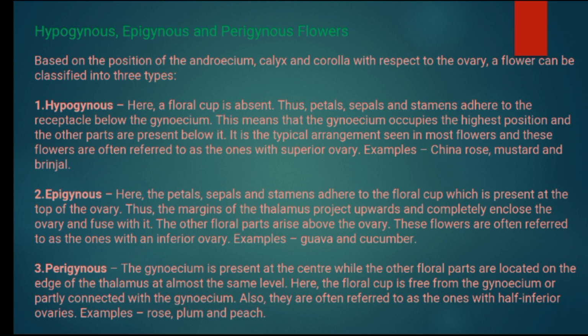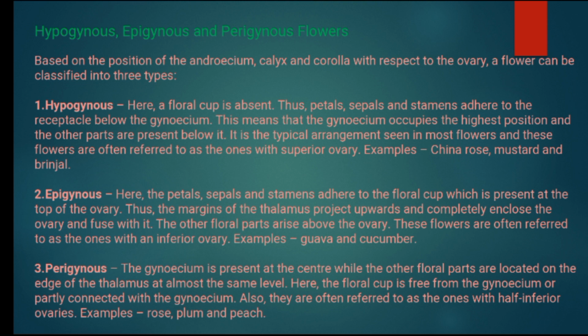The next condition is the epigynous condition, EPI. EP means what? That is above. Means here the petals, sepals and stamens adhere to the floral cup which is present at the top of the ovary. The margin of the thalamus projects upwards and completely encloses the ovary and fuses with it. The other floral parts, calyx, corolla and androecium, arise above the ovary.